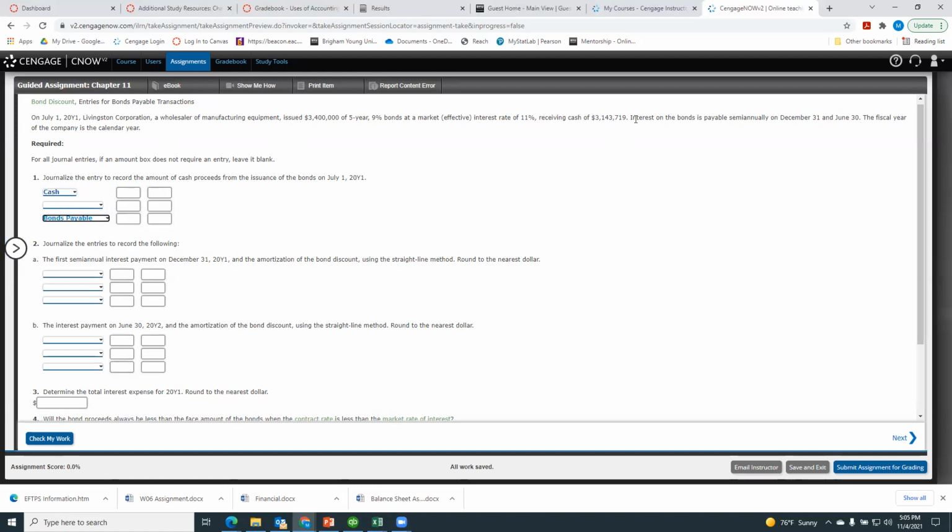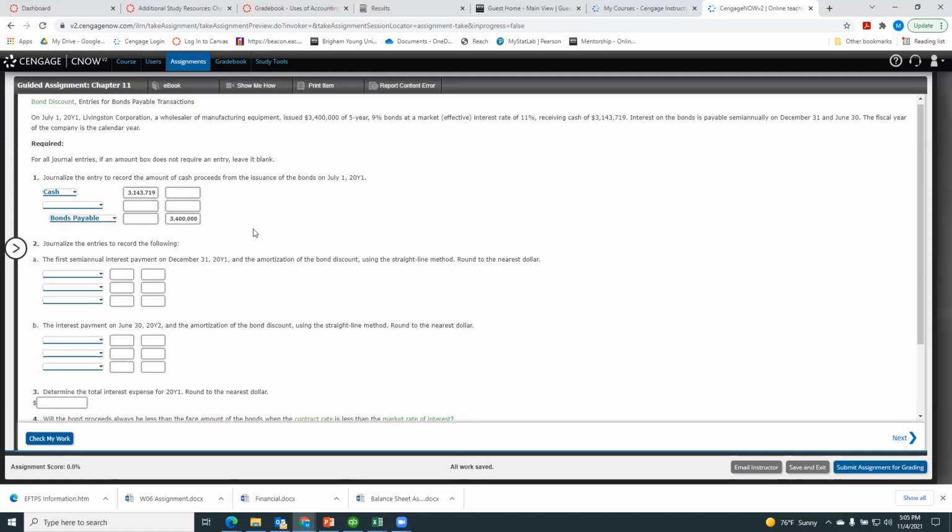We're going to receive $3,143,719 in cash. But our bonds payable, the amount we're going to have to pay back when the bond matures, is its issue price, $3,400,000.